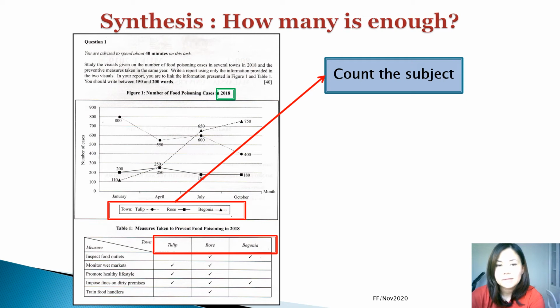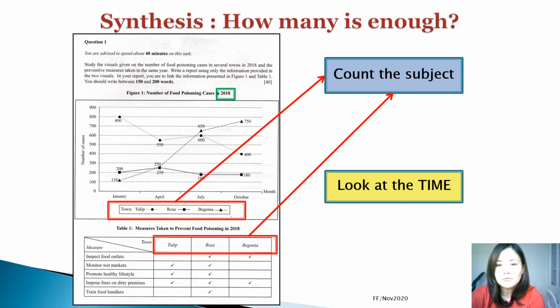Table 1 also shows the same towns. And then you have to look at the time as well. How many years do they share the similarity? Despite the months, the months actually come from the same year, isn't it? So what we share here is only 2018, one same year.